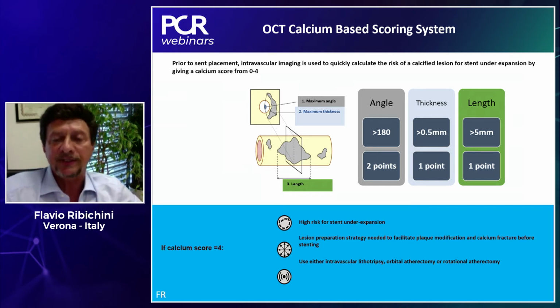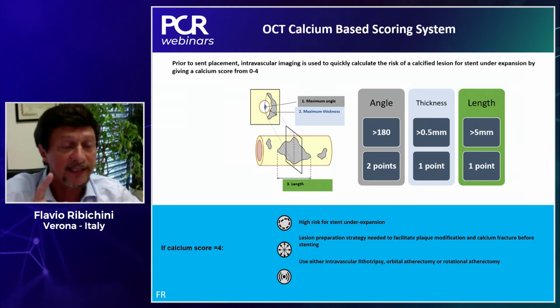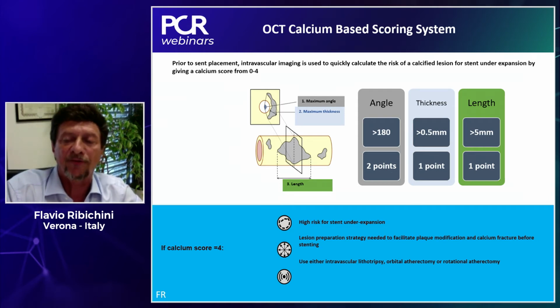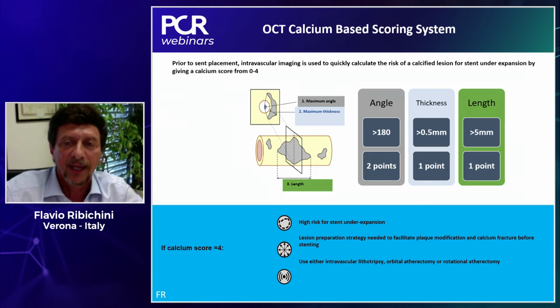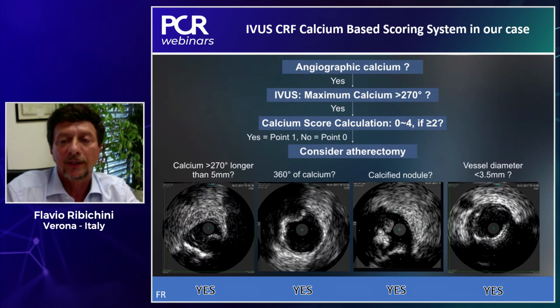The OCT-based score says that when you reach more than 4 points, having an angulation of calcification more than half of the circumference, 180, when the thickness of the calcium is deeper than 0.5, and this is easily seen with OCT, not so easy to see with IVUS, and the length of the calcium is more than 5 millimeters, you have high risk of underexpansion of the stent, and this means, of course, risk of thrombosis and restenosis. In this case, it is appropriate to use a dedicated device to treat calcium, which are rotational atherectomy, orbital atherectomy, or lithotripsy.